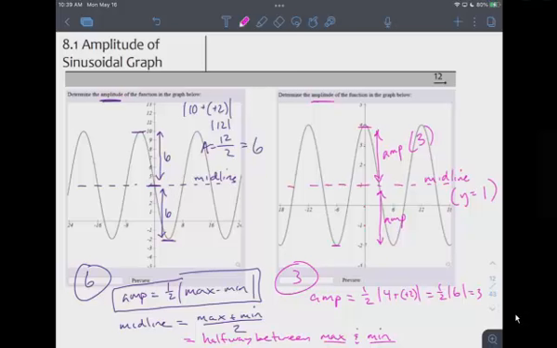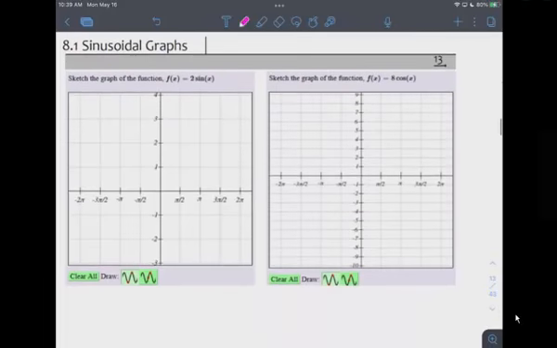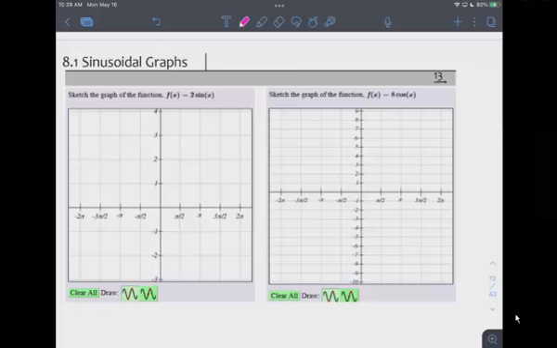All right, and when you are sketching the graph of these, and again, we're not putting it all together quite yet, we're just focusing on the amplitude. The amplitude change happens with the max and min points. If you're being asked to sketch the graph of 2 sine of x, notice the period's not changing, so the period is still 2 pi divided by 1, as it would be in the parent function.